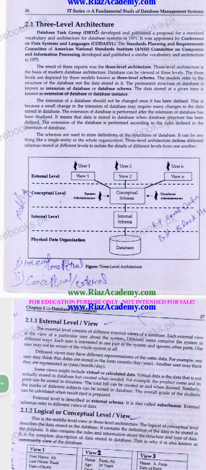The internal level, also known as the physical level, is how data is actually stored in the system, that is called the internal level and physical level schema. And on the conceptual level you have the database designer, system designer. The input the system designer gives is entered into the conceptual schema.